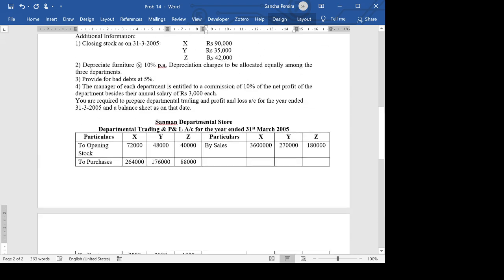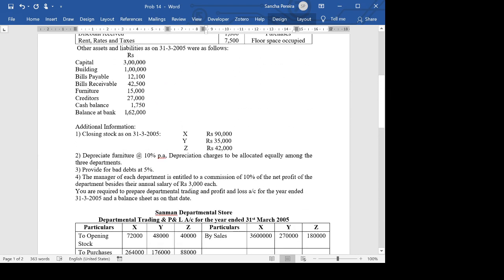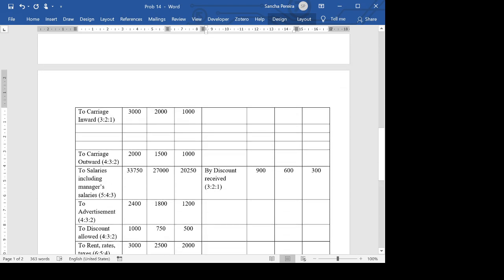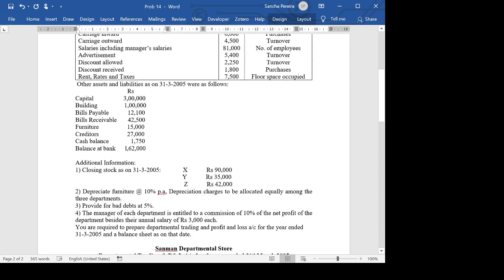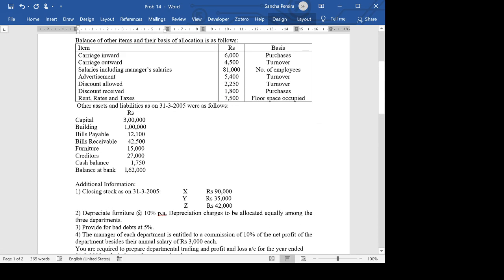Then there is furniture, I think. Sorry, bills payable 12,100. So I'll just leave a few lines here. Bills payable is 12,100.